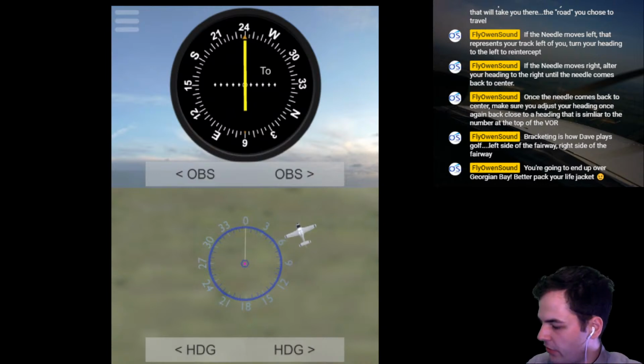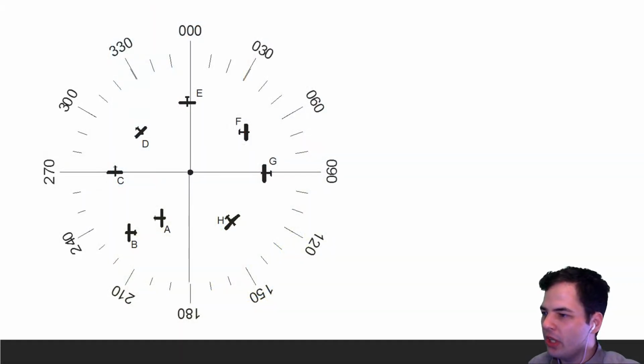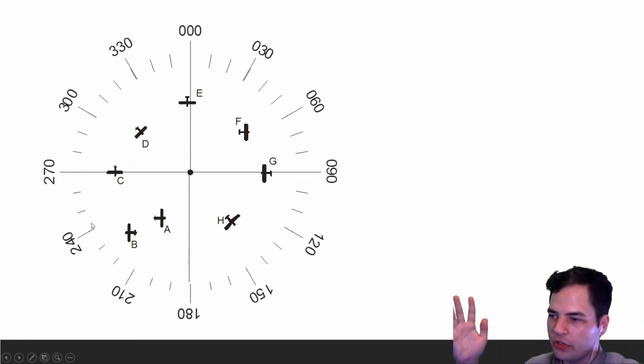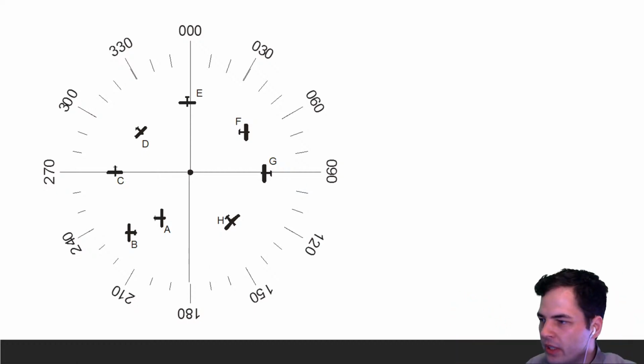A lot of your test questions for the written test really capitalize on this, and they do kind of trick you in a lot of ways. You'll often get a map like this on a written test, indicating the VOR is right in the middle, and asking which airplane you are when you have such and such instrument indication. And the trick is these two airplanes would likely, in most scenarios, have the same instrument indication because they're very close, but they're pointed in opposite directions.